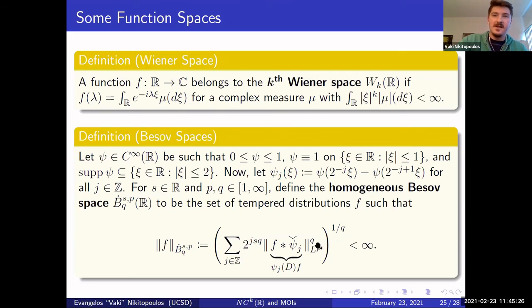This is the little l^q norm of the sequence 2 to the js, and then the L^p norm of the Fourier multiplier operator C_j of D applied to F. So that's what the Besov spaces are. For certain choices of s, p and q, you actually can show that these are functions and not distributions, but in general, for general parameters, you will get distributions, not functions. All right, so those are the definitions of the Wiener space and Besov spaces that I'll use.